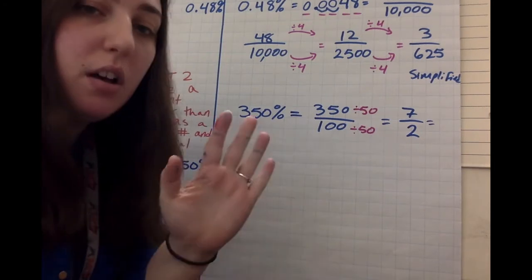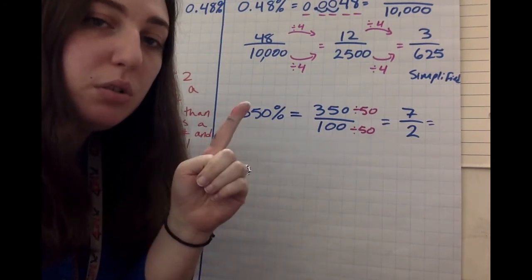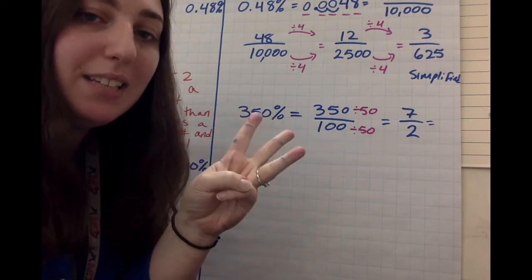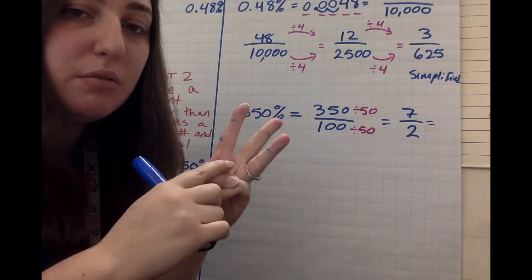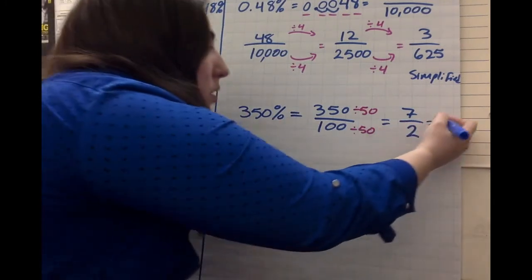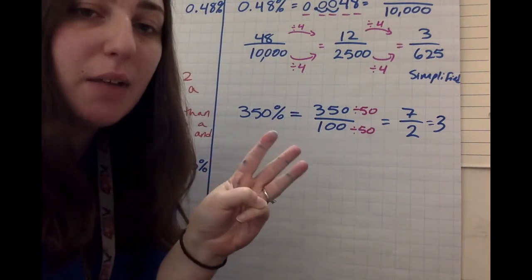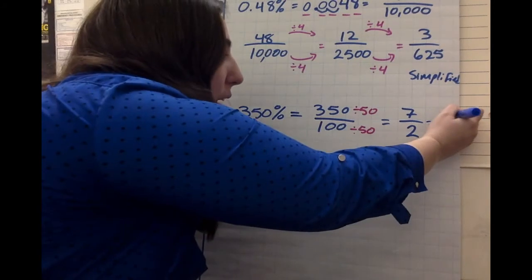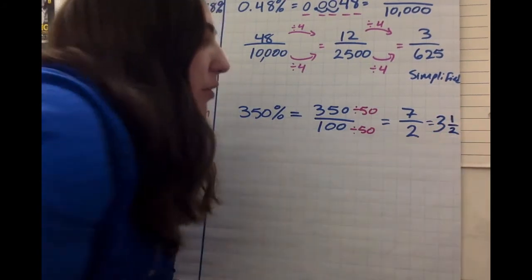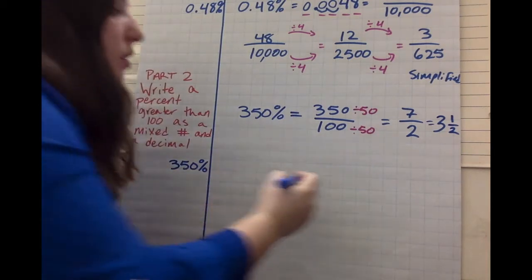I can count using my hands: 2, 4, 6. So at least 3 times. I'm going to put a whole number 3 there. Then to get to 7, I would have to add 1 to that 6, so I have 1 left over out of 2. So 3 and 1/2. That's my mixed number.